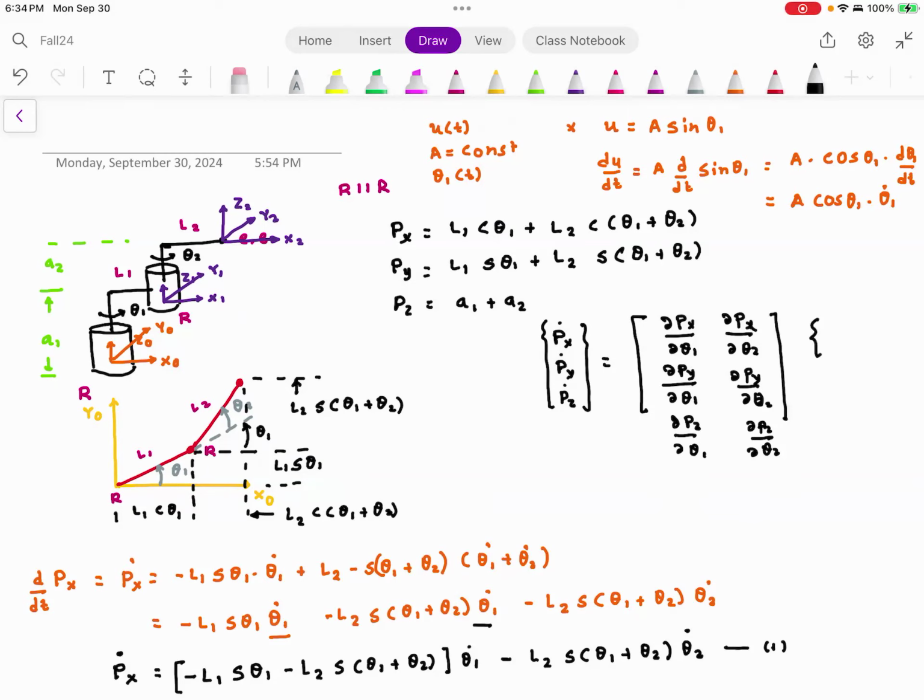And then I will have theta 1 dot and theta 2 dot. Everyone understood this? This is the Jacobian.